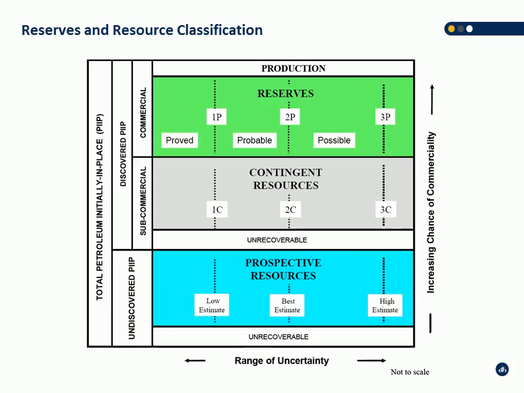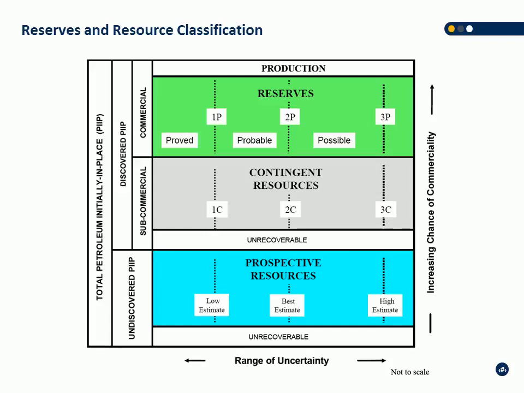The only time the volumes change in 1P, 2P, or 3P is when you have additional technical data. So as soon as you've discovered your known accumulation and you've moved buckets, your low estimate for prospective resources is going to shift directly to the low estimate for contingent resources. The reason I'm pointing this out is because of the way the guidance has been in North America, where contingent resources were sort of an afterthought until recently, until resource plays became a big deal.